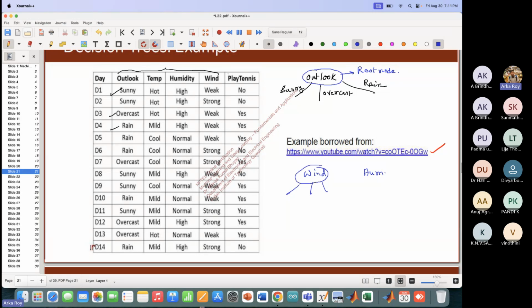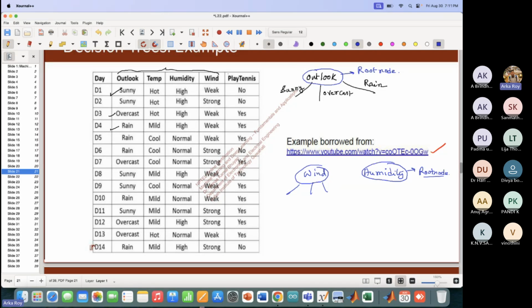So you can also choose humidity to be the root node. Now the question is, at each of the nodes, what should be the attribute?